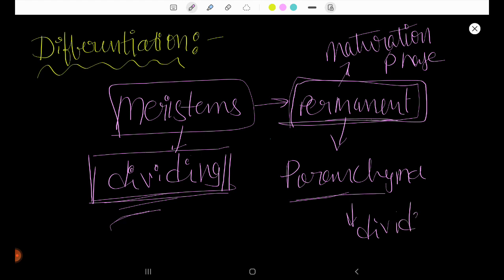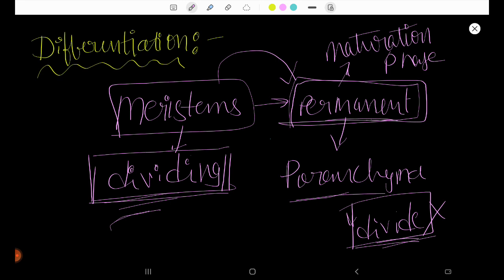No division happens in permanent cells like parenchyma. So while converting meristematic cells into permanent cells, the meristematic cells undergo some changes, and that process is called differentiation.